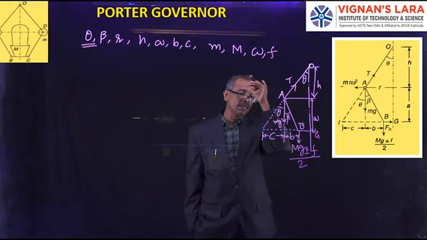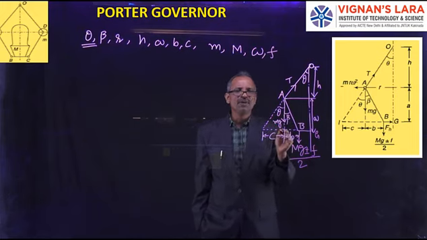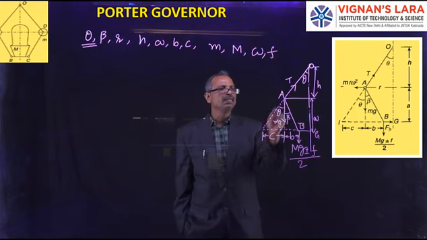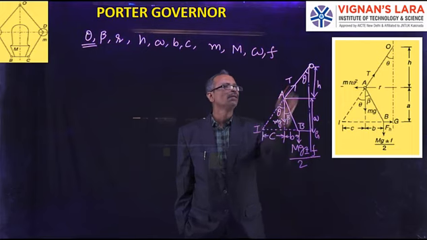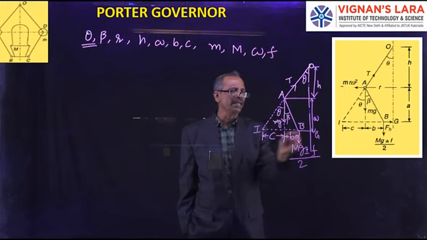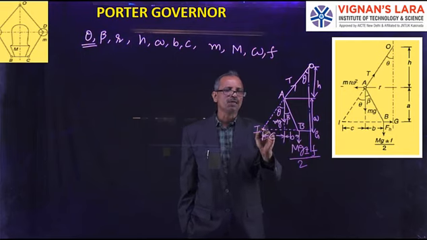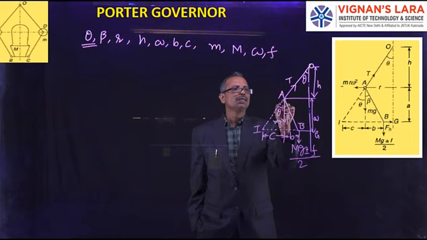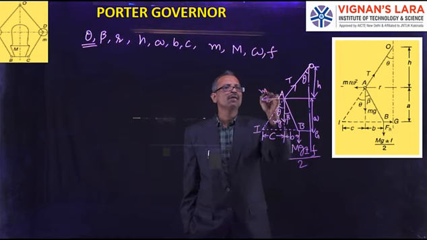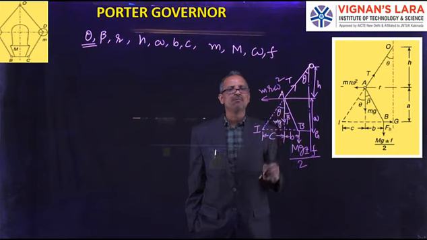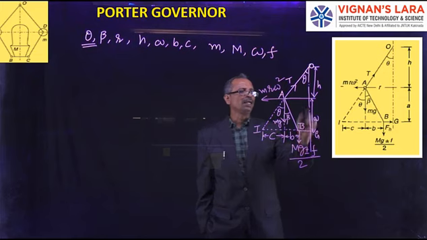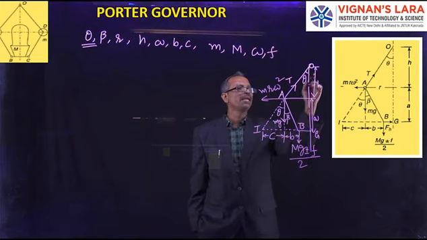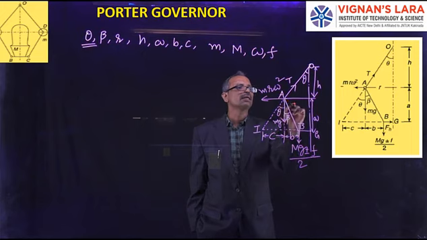Let us take moments. Now, if I draw the instantaneous center, the extension of this link and the extension of this link give a point called I. Here the centrifugal force acts radially outwards, mr omega square, and self weight acts vertically downwards, mg, and this is A, C, B, H, and this is R, the radius of rotation.